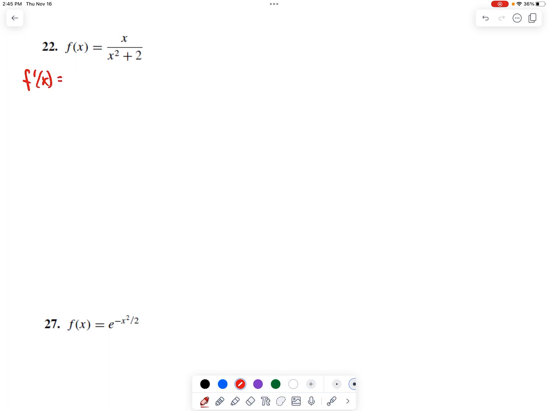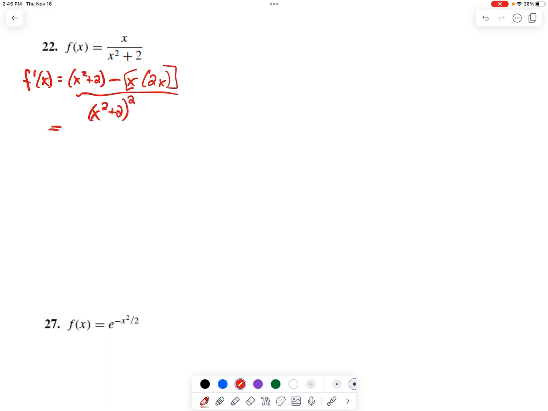Low d high, x squared plus 2 times 1, I won't write it, minus high d low over low squared. That's x squared plus 2 squared.